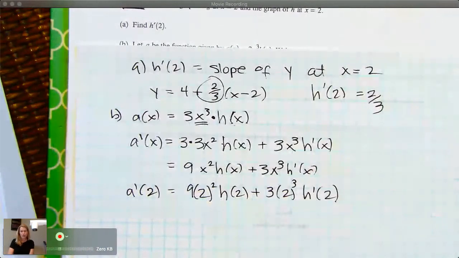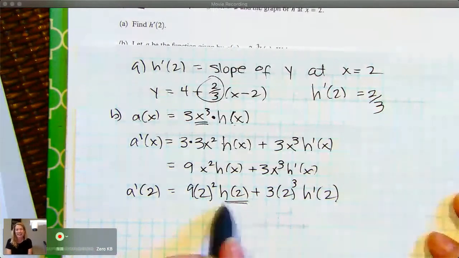This is a no calculator problem, so we'd want to either do the arithmetic, which is totally doable by hand, but again, as one of your peers mentioned earlier, you can leave it in an unsimplified form, but we gotta plug these in first, at least.